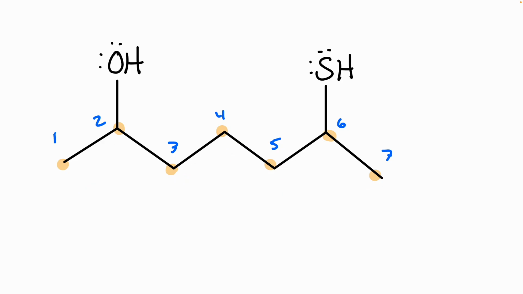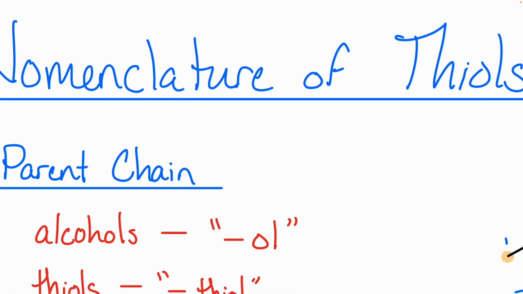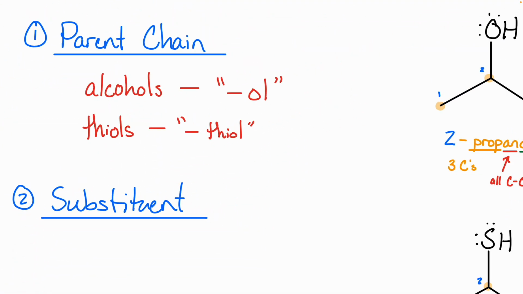All right, so then what's this suffix-prefix business? My higher priority group, I'm going to refer to by its suffix. The lower priority group, in the world of nomenclature, is no longer considered a functional group referred to by the suffix.